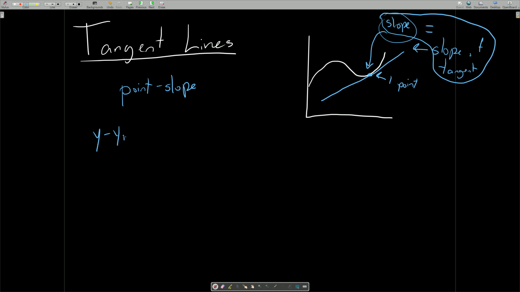Remember that point slope form looks like this. We have your x1, y1 as your point, and m is your slope. We can rewrite this, make this more useful for calculus. The f of x, I'll write a.